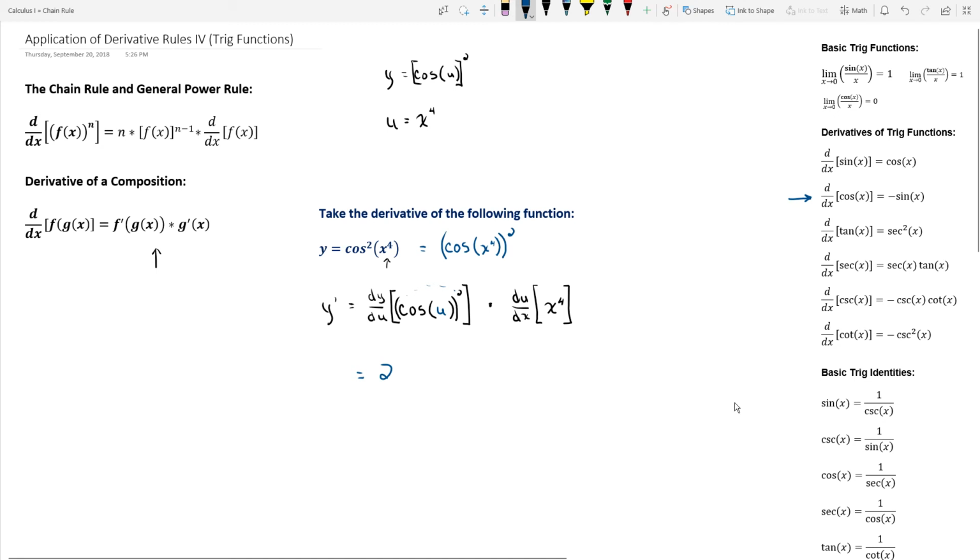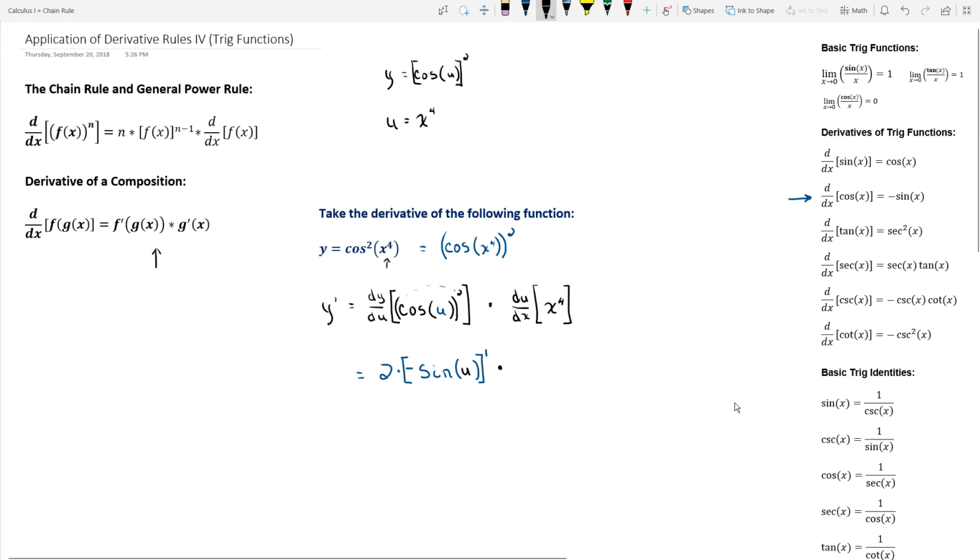So I'm going to have 2 times negative sine u, and that is no longer to the square, but it's going to be 2 minus 1, which is just the first power.